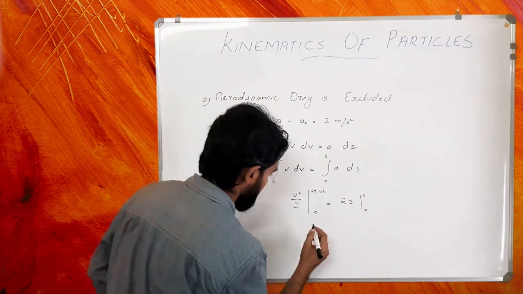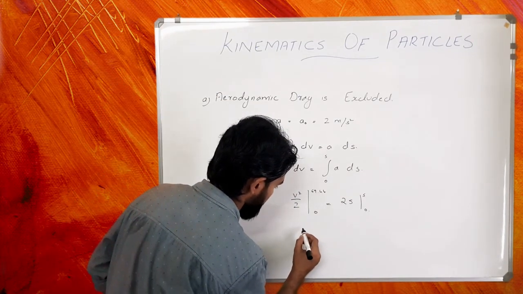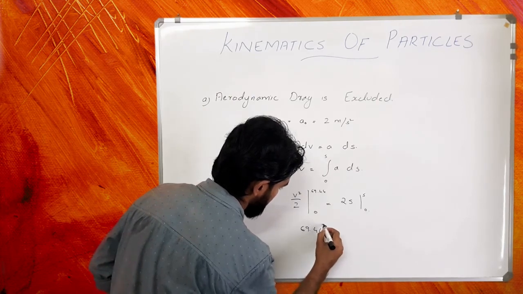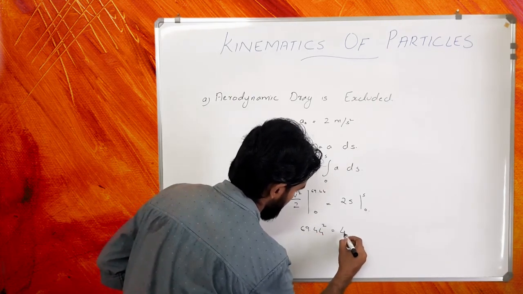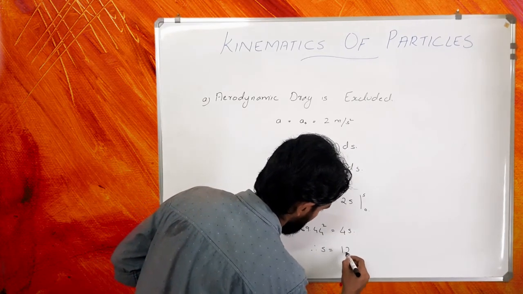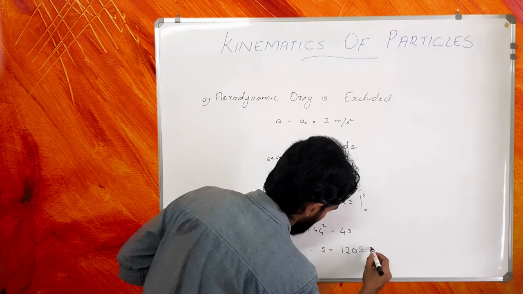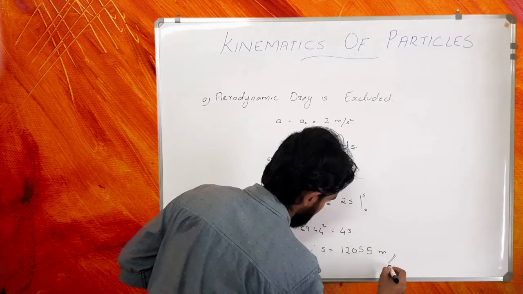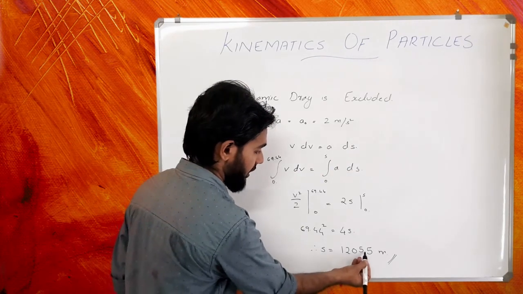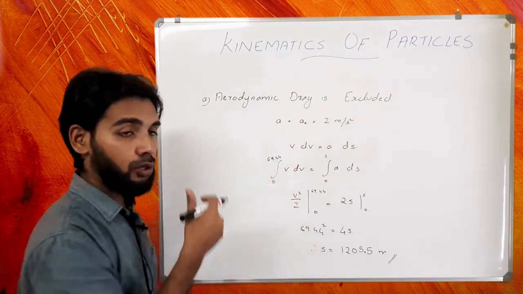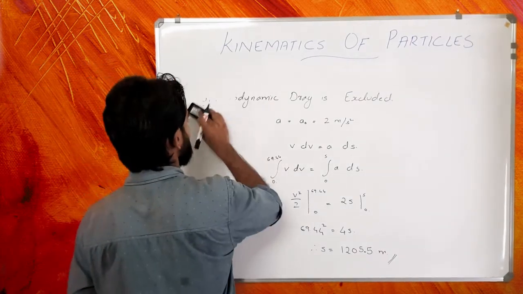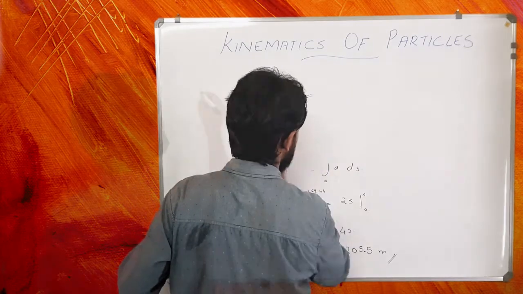Now solving it out, I will get therefore s equals 1205.5 meters. So this is the answer in case the aerodynamic part is excluded. Now let us move on to the second part where the aerodynamic part is included.